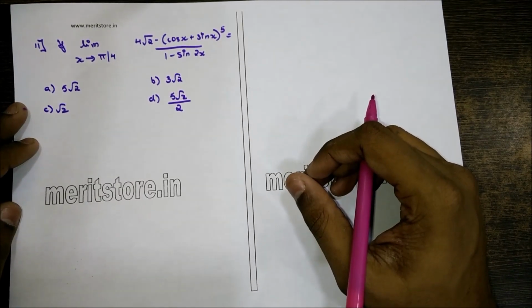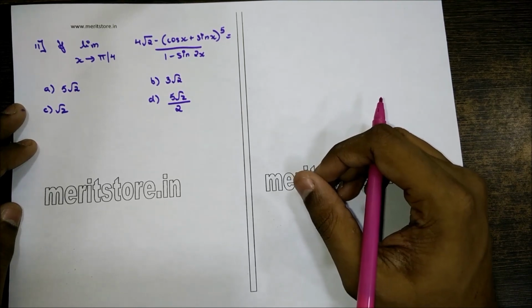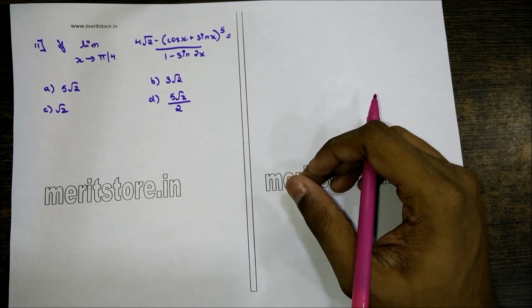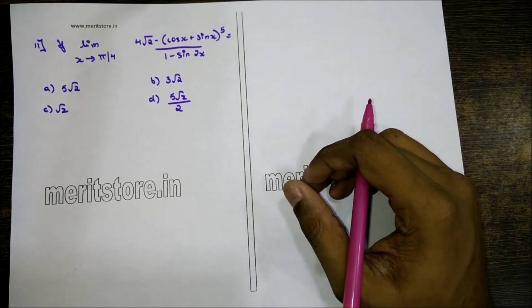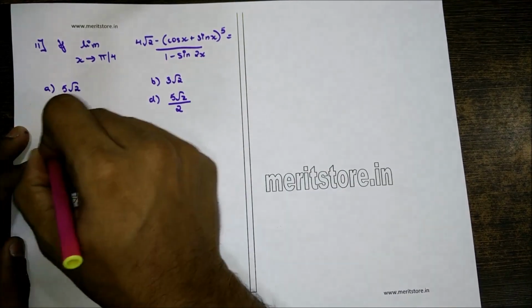If limit of x tends to pi by 4, 4 root 2 minus cos x plus sin x raised to 5 upon 1 minus sin 2x is: A 5 by root 2, B 3 root 2, C root 2, D 5 root 2 by 2.